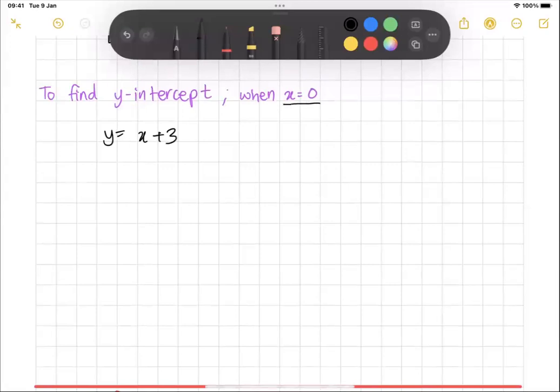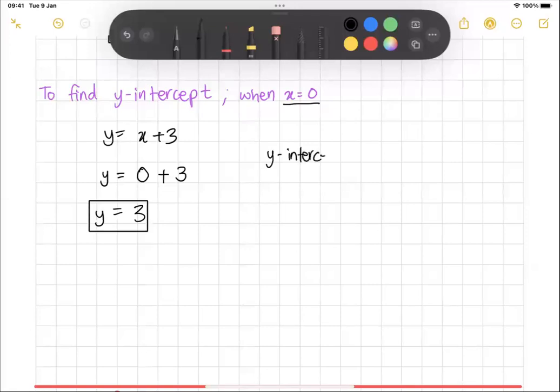Then I'm going to substitute x equal to 0 into my equation. So it should look like the following. Anywhere I see my x, I'll substitute 0. Then y should equal 0 plus 3. y should equal 3. My y-intercept is (0, 3), which is my x, comma, positive 3.